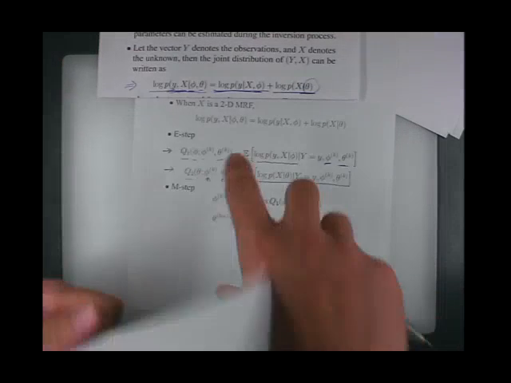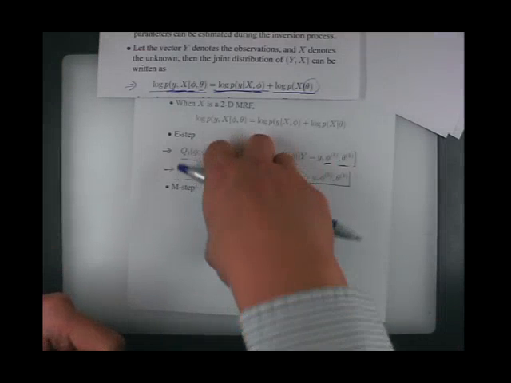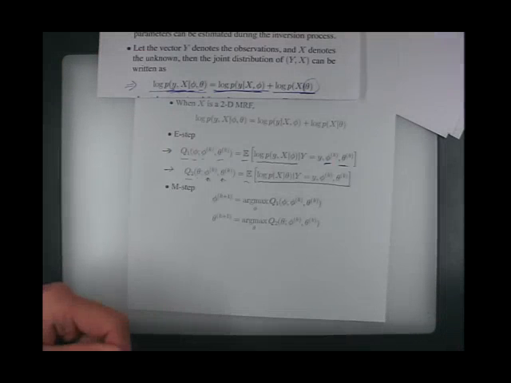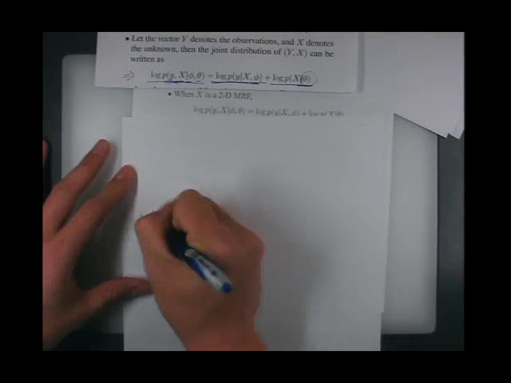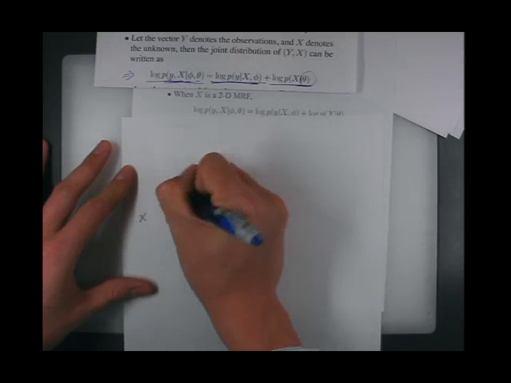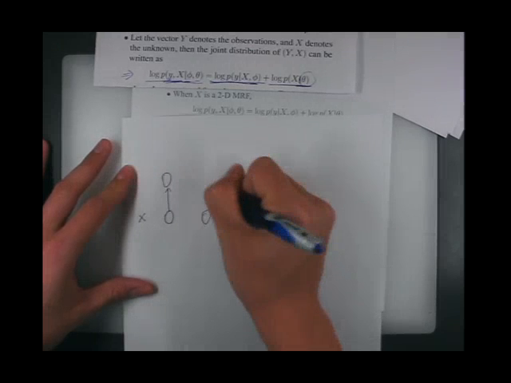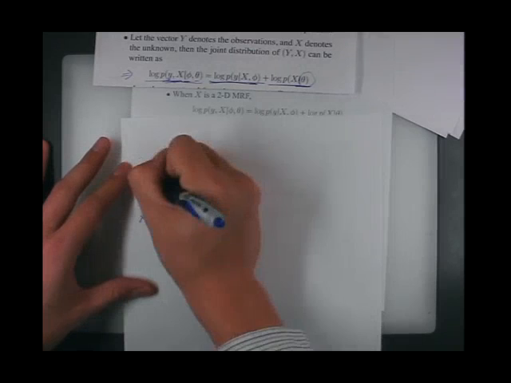I'll show you two figures to show what's the difference between the probability model of this lecture and the probability model in chapter 8. In chapter 8, it's a Gaussian mixture or cluster problem. We have unknown x here. We have observation y.